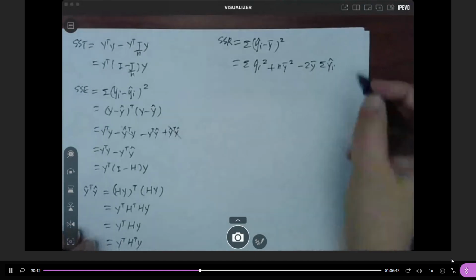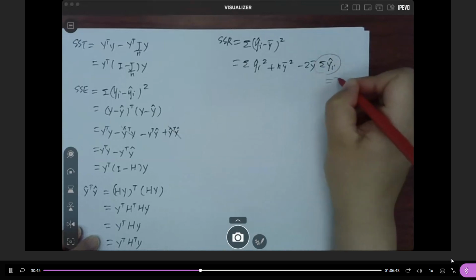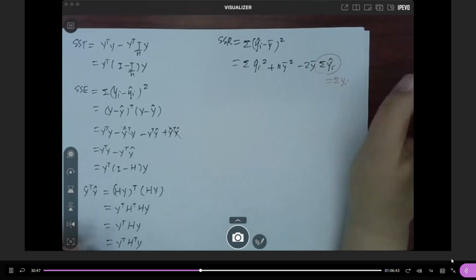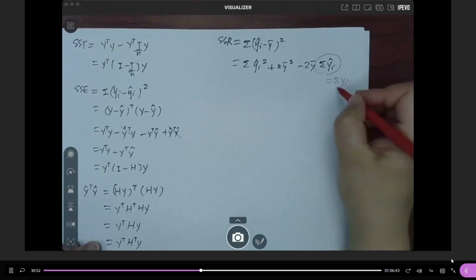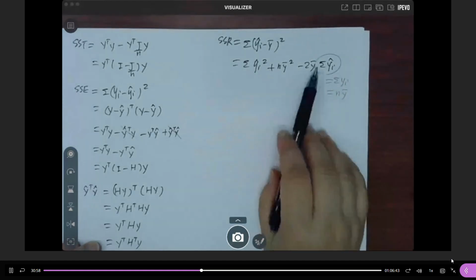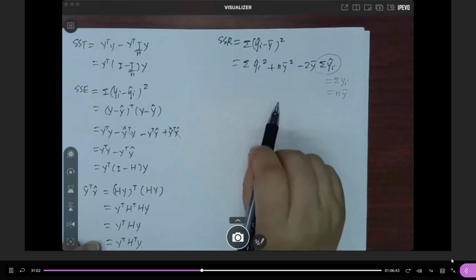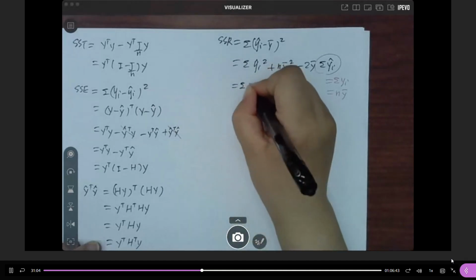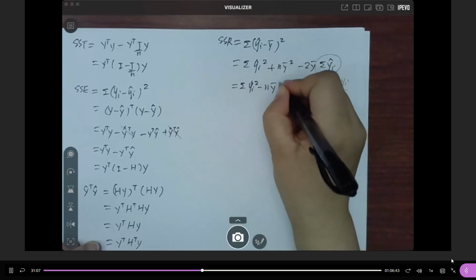So in that case, the summation of yi hat equals the summation of yi, which equals n times y bar. So minus 2 y bar squared n plus 1 n y bar squared. So you get minus 1. So the summation of y hat squared minus n times y bar squared.